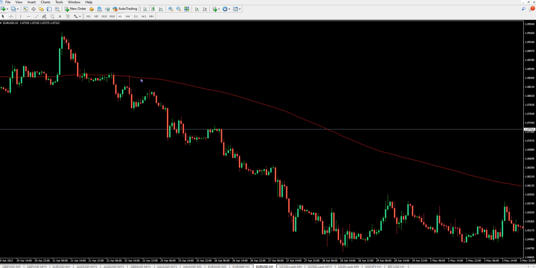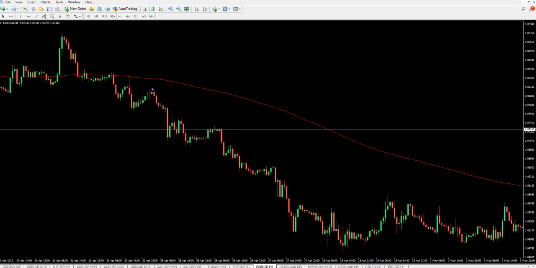As long as it stays above the moving average, you can look for more buys to continue the uptrend, and vice versa. As we can see here, once price did break above it, came back down, didn't do much, touches here and just continues to fall as the moving average stays above the price.